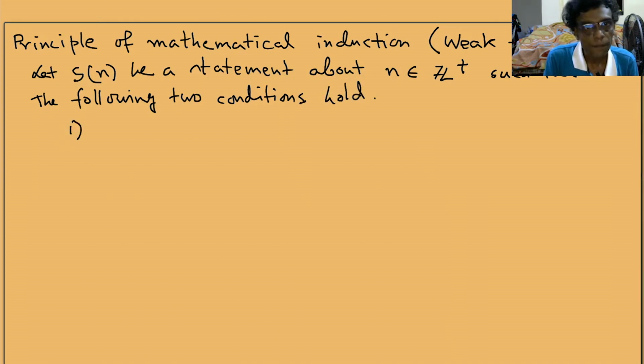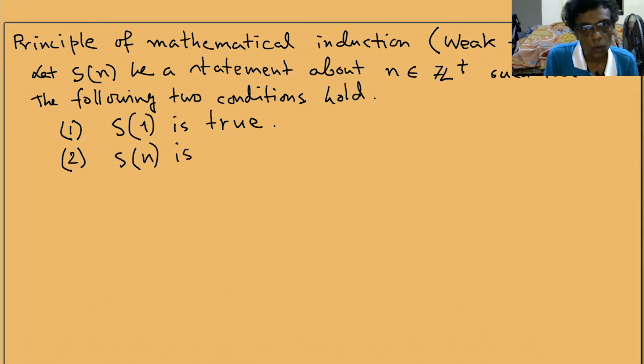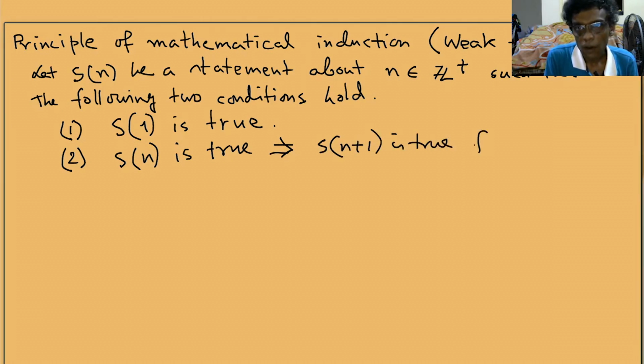One, S(1) is true. So if I put n equal to 1, this is true. Two, S(n) is true implies S(n+1) is true for all n in Z plus.